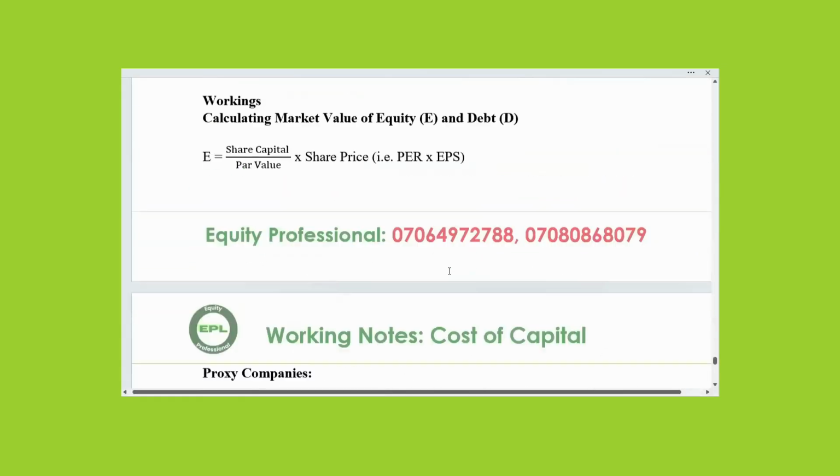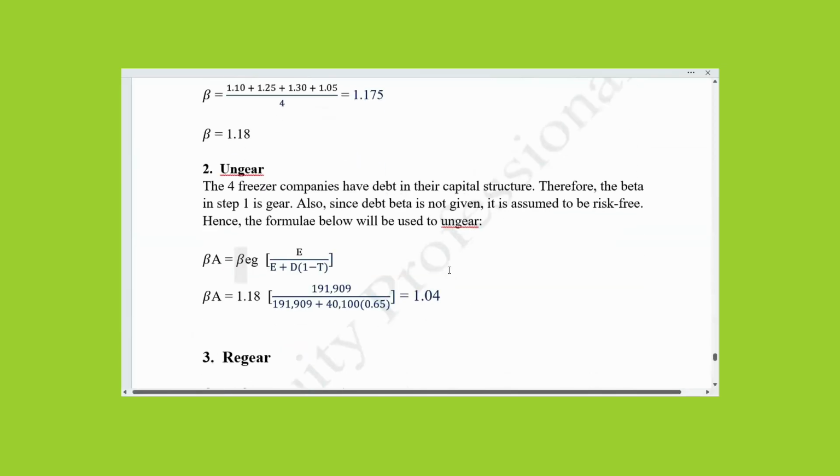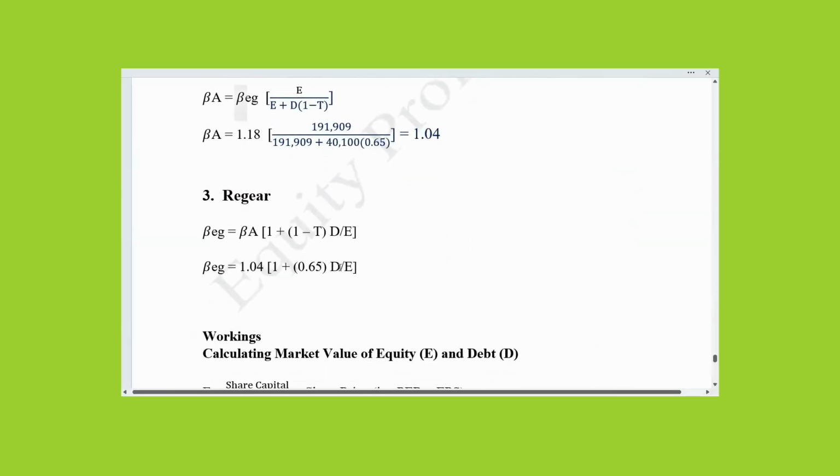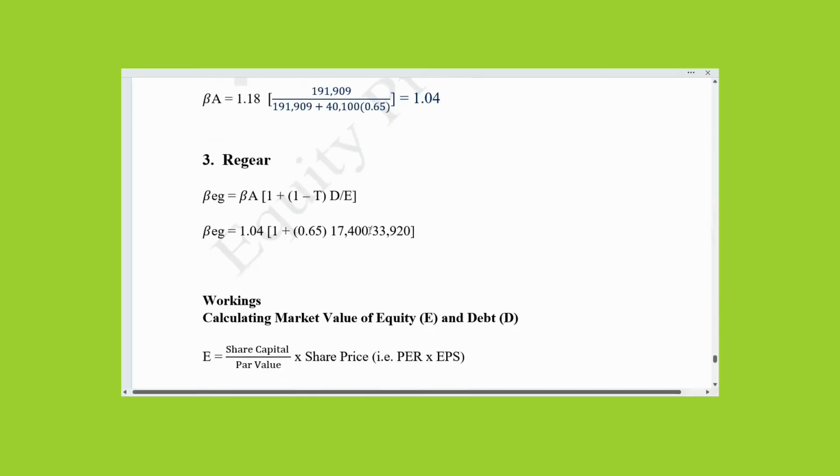Here D is 17,400 and the equity value is equal to 33,920. Let me confirm. Is it 920? Yes, sir.